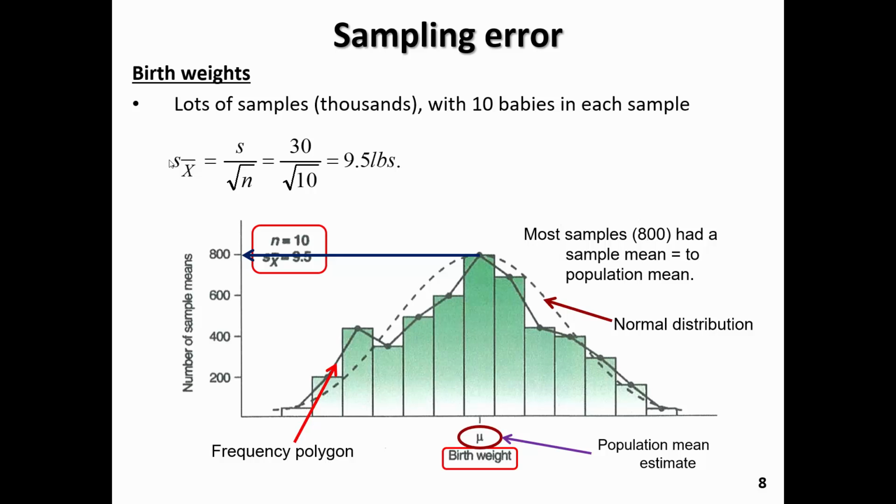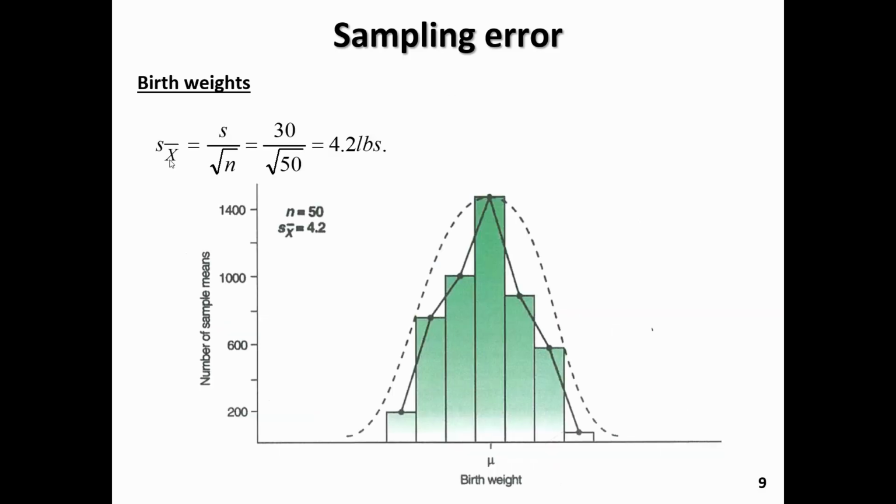To illustrate the effect of sample size, here we see the exact same experiment where we wanted to measure birth weights, except that each sample, instead of consisting of 10 babies, now consists of 50 babies. By increasing the sample size, it decreases the overall number of samples.